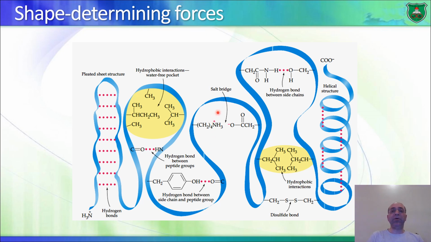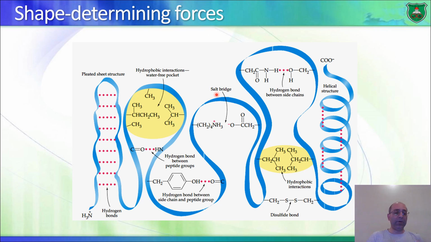You can have what is known as salt bridge, and salt bridge is the same as electrostatic interactions. So if you have two atoms, for example, or two groups, and they are swimming in space, and they carry opposite charges, they would be attracted to each other via electrostatic interactions.